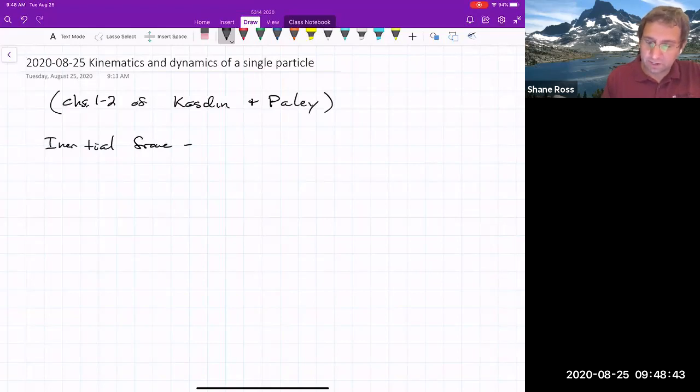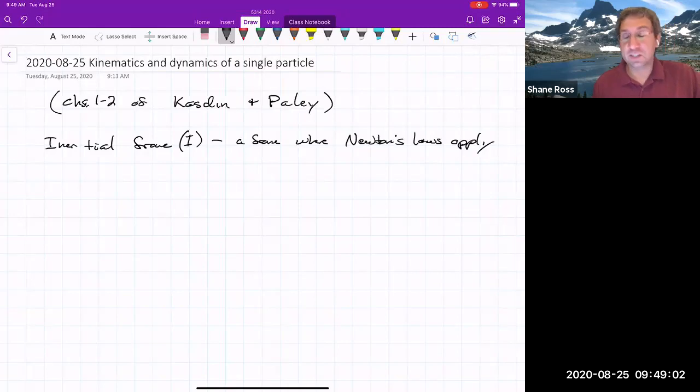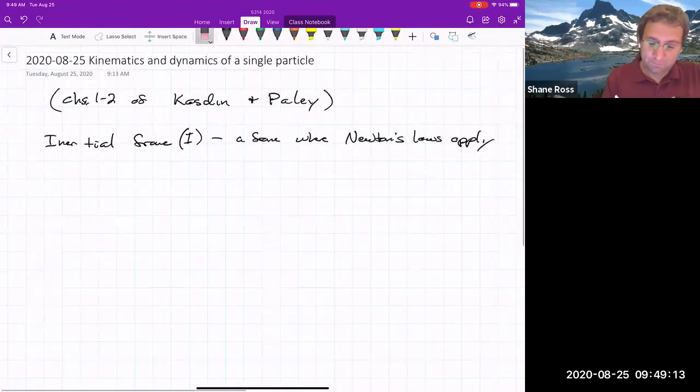And usually we'll use the notation I. So usually we think of this as something that's like fixed in the lab or fixed on the ground for most intents and purposes, or I think Newton used the phrase fixed compared to the distant stars.